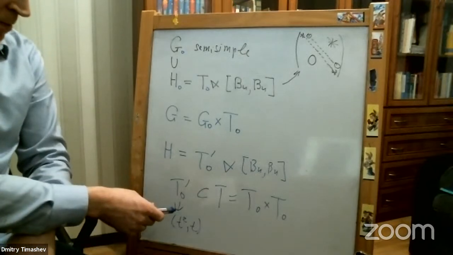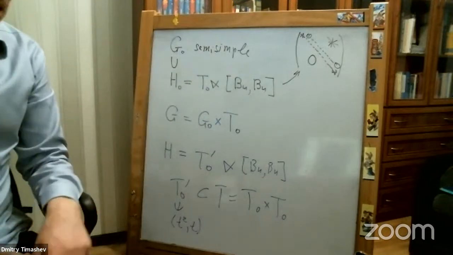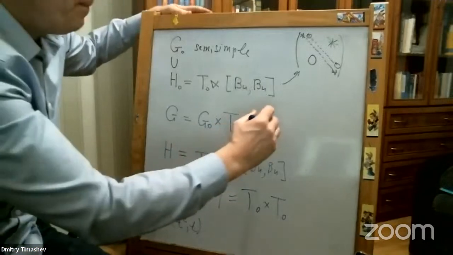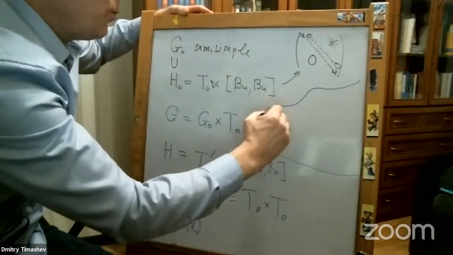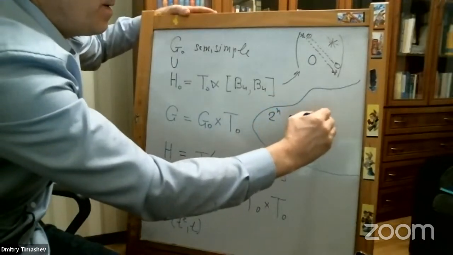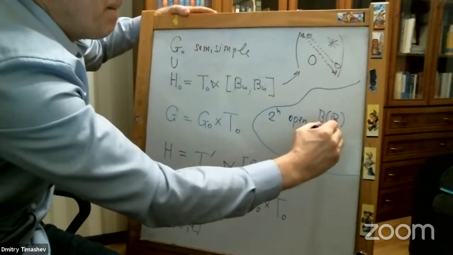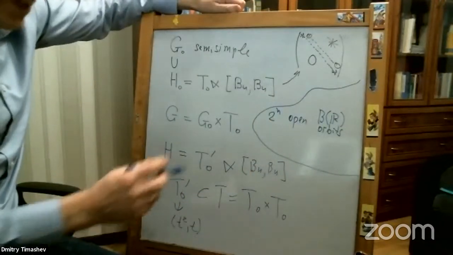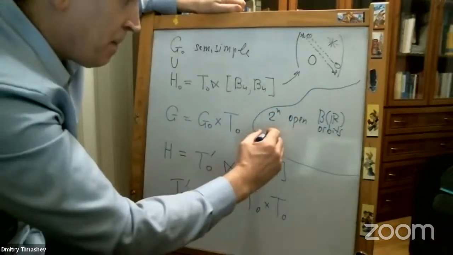So this is the example. So H is this subgroup of G, and G is this. And in this example, we have 2 to the n open real Borel orbits, which can be parameterized by n-tuples of signs.